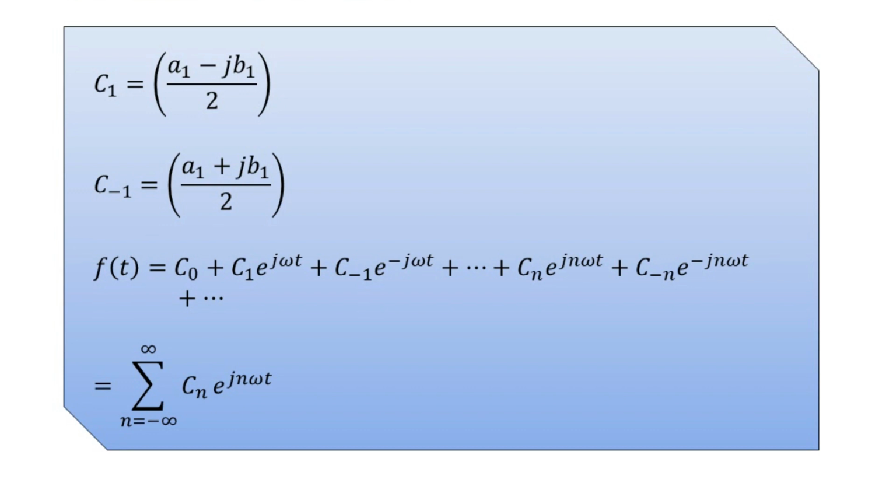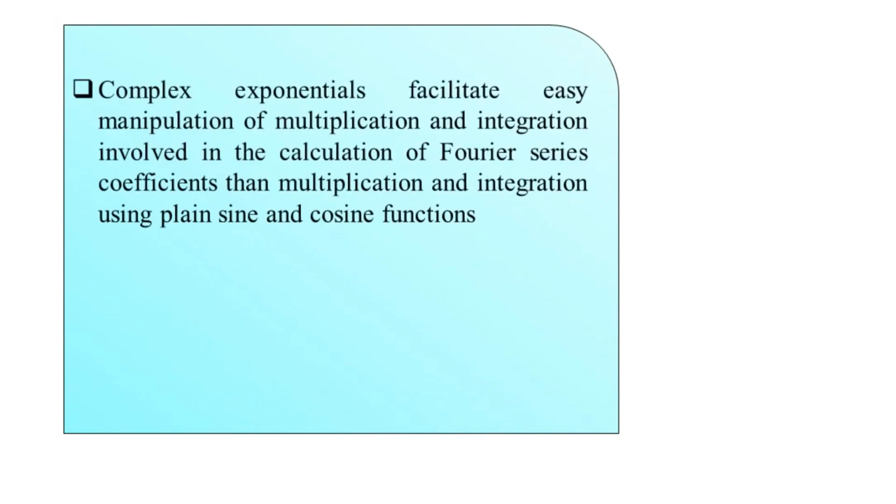The use of complex exponentials facilitates easy manipulation of the multiplication and integration operations involved in the calculation of the Fourier series coefficients, compared to the multiplication and integration using plain sine and cosine functions.